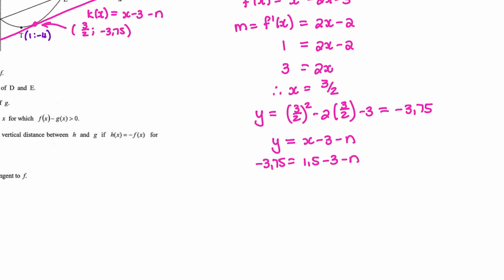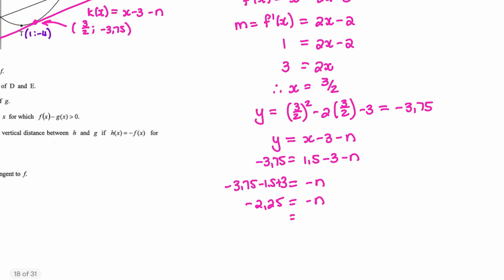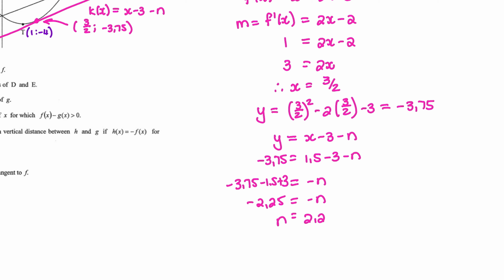And then I can solve for n. So that becomes negative 3.75 minus 1.5 plus 3 is equal to negative n. So negative n is negative 2.25. Therefore, n is 2.25.